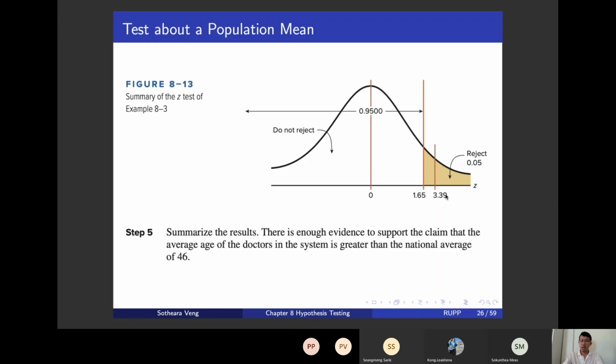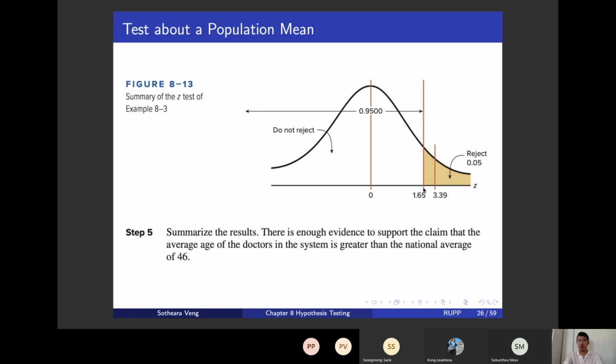So the p-value, the one I just mentioned a while ago, is nothing but this area. Okay, the area under the curve to the right of this test value. So instead of comparing the test value with the critical value, you will compare the p-value, which is this area, to the significance level, the alpha.